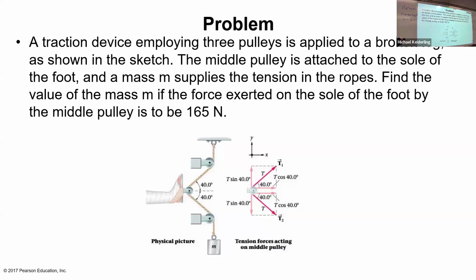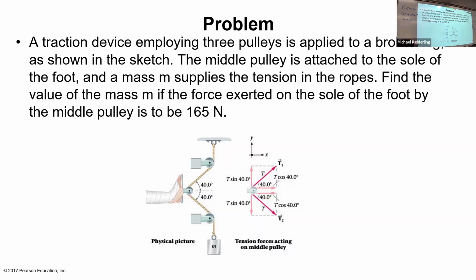So here we have a traction device that employs 3 pulleys. It's applied to a broken leg, as shown in this sketch. So the tension will be the same everywhere throughout this rope. So you can figure out the tension by thinking about what's going on with this mass down at the bottom.